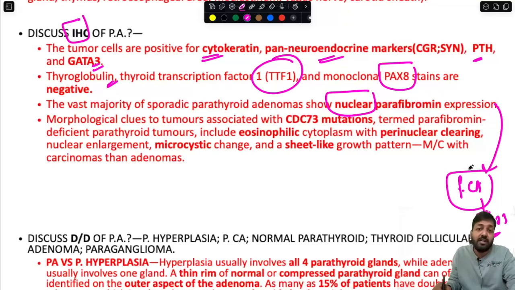Morphological clues to tumors associated with CDC73 mutation, termed parafibromin-deficient parathyroid tumors, include eosinophilic cytoplasm with perinuclear clearing, nuclear enlargement, microcystic change and a sheet-like growth pattern. Most commonly they are present in carcinomas rather than in adenomas.